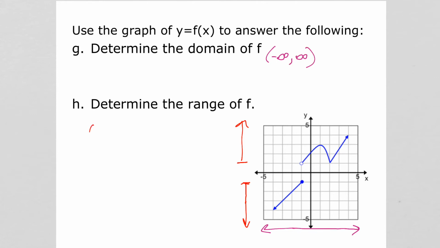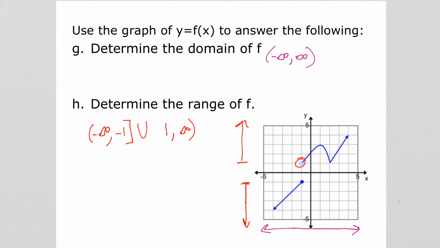So we've got negative infinity to negative 1, and negative 1 is included, so we put a closed bracket, unioned with, okay, this is how we interpret the break with interval notation, and then we're starting at 1 and going to infinity. Now, I left a bracket off there because we're going to talk about that.